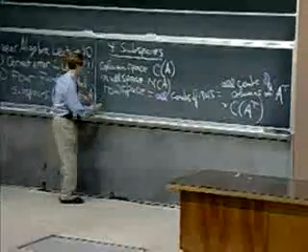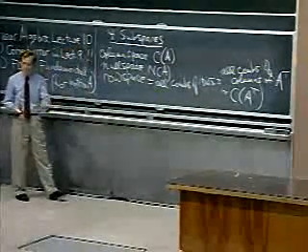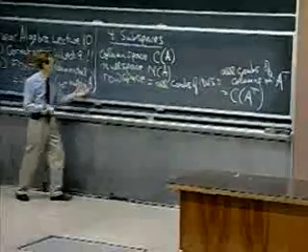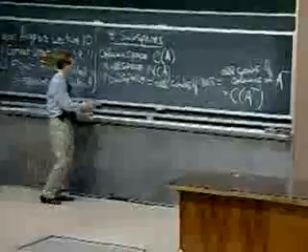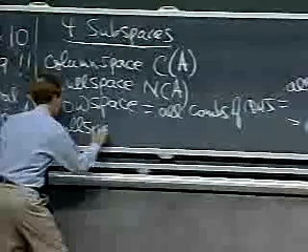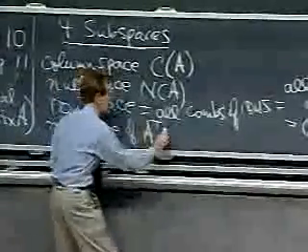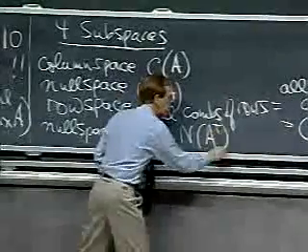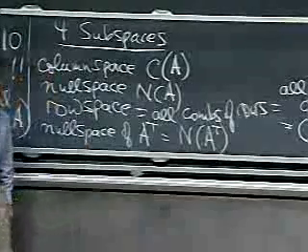Okay. And finally is another null space. The fourth fundamental space will be the null space of A transpose. The fourth guy is the null space of A transpose. And of course, my notation is N of A transpose. That's the null space of A transpose.